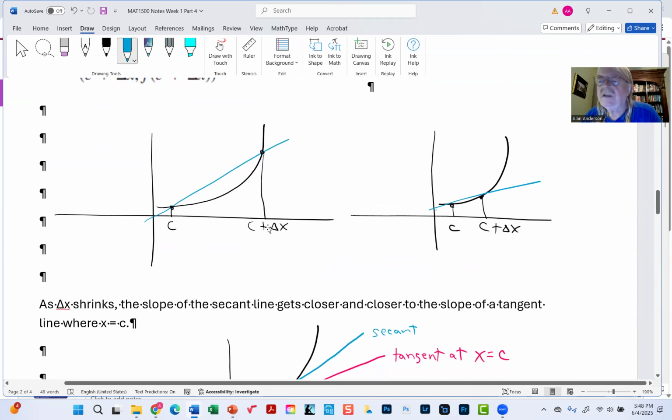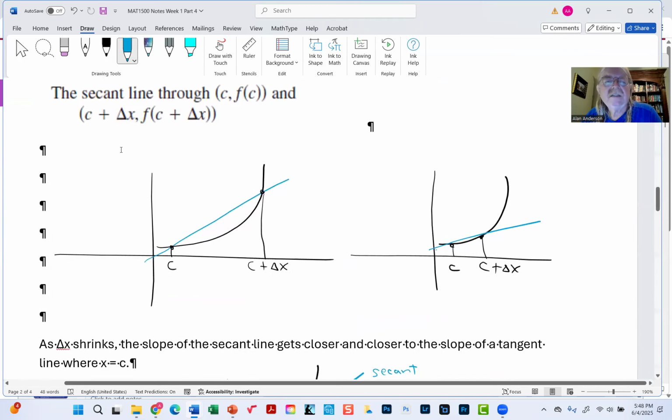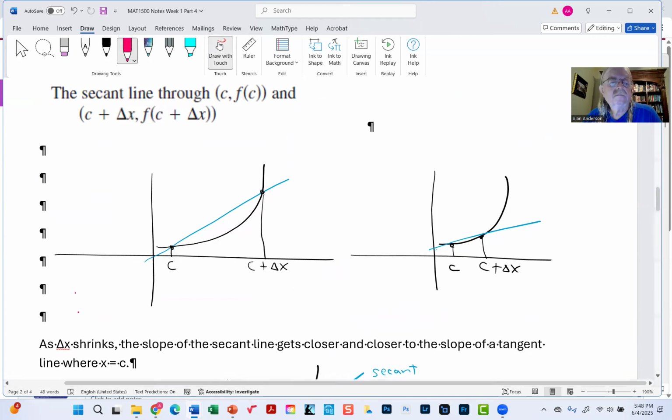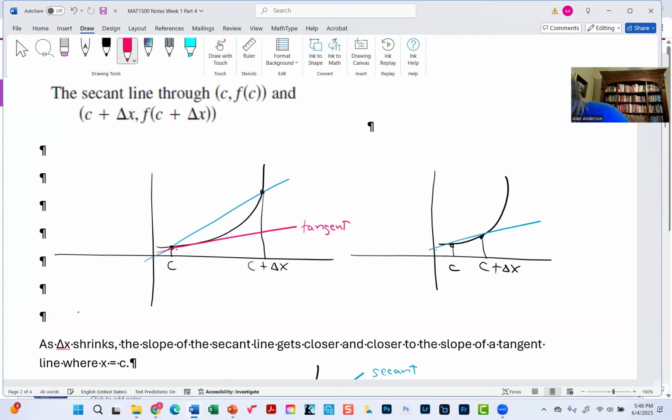When c plus delta x are very far apart, I could even put this back up here, they're not very close to each other at all, are they?